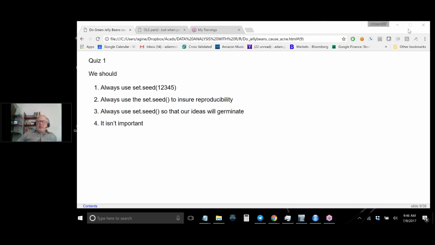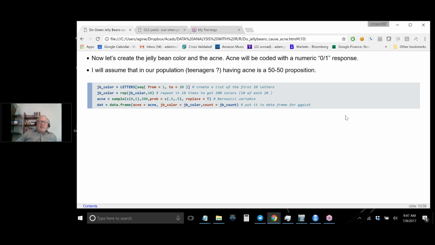All right, minimize that again. So we have the jelly bean counts, and let's create the colors. There's this letters in R, and it just gives you all the letters. When I write LETTERS with capitals, it's going to give me capital letters. So I want letters sequenced from 1 to 20.